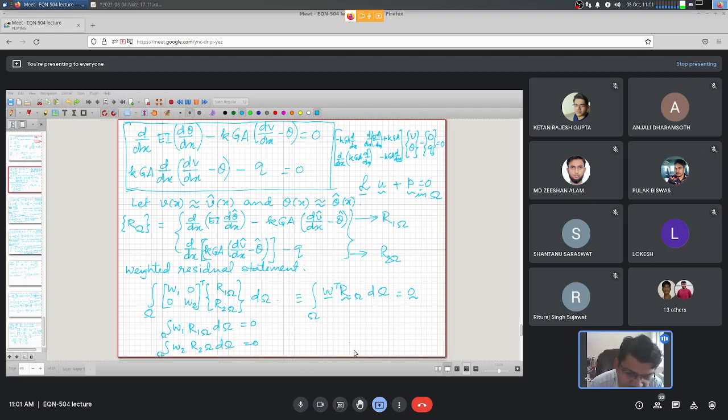Whichever are the free degrees of freedom, Vi, theta i, Vj, theta j, you will get those. And then you come back to element level approximation. V hat is equal to Vi Ni plus Vj Nj. Find out the transverse displacement. Theta hat is equal to theta i Ni plus theta j Nj.